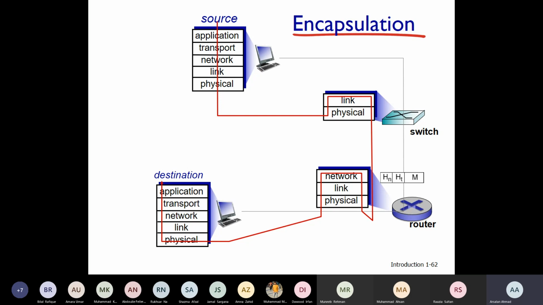The network layer will detach its own header, and then obviously it will reattach the header of the network layer again, because now it has to move again on the wire to the next node. Then it is passed down to the data link layer. The data link layer will again reattach its own header, and headers are attached and detached one by one by all the peer layers, and then the message is received by the application layer.